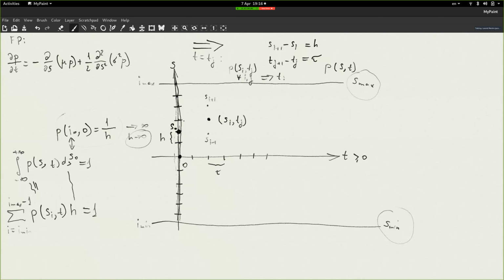What do we do? We discretize this partial differential equation. We can do it in two ways. The first and the most simple way, which I will present to you, is a so-called explicit discretization scheme.